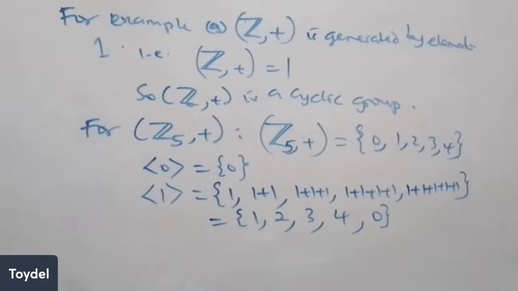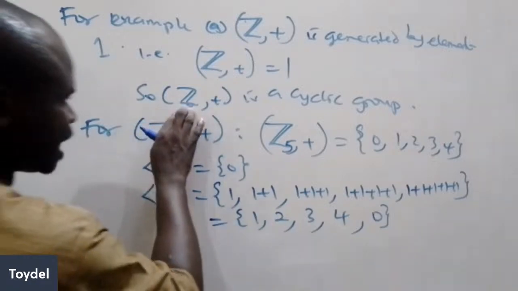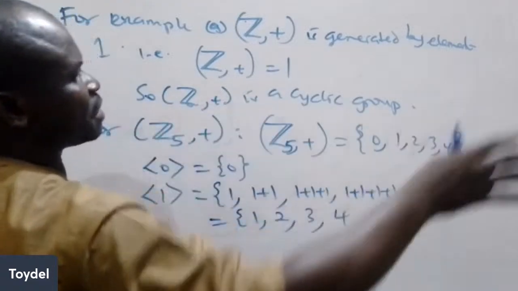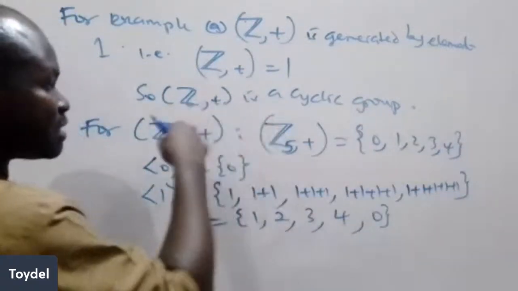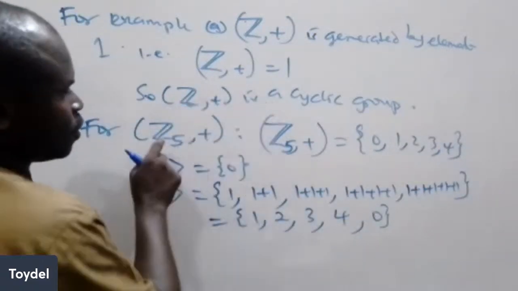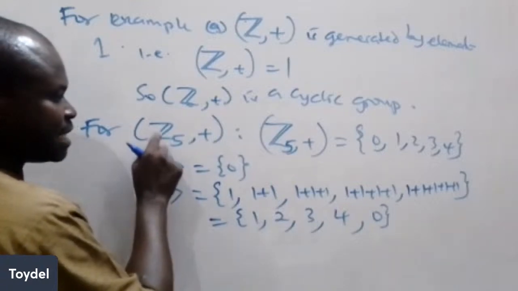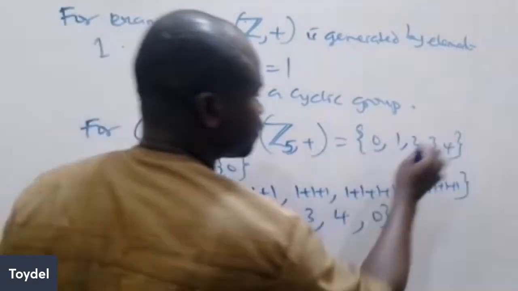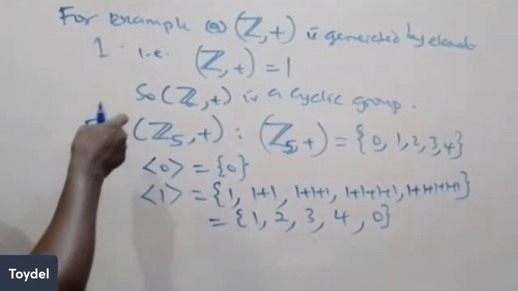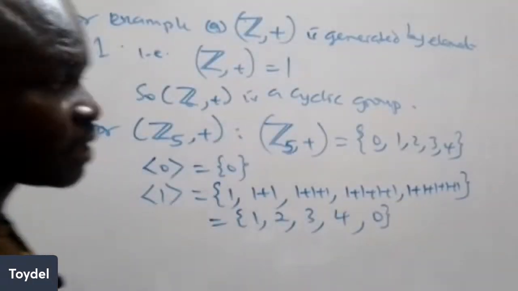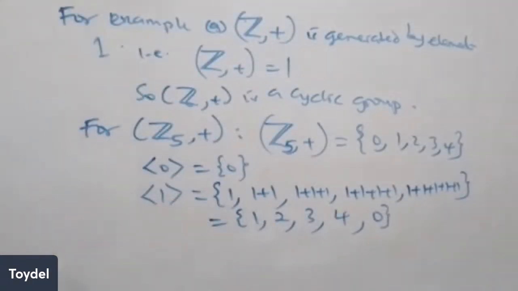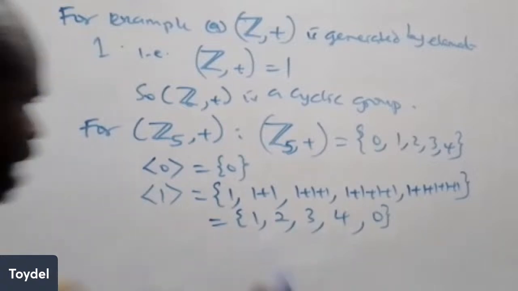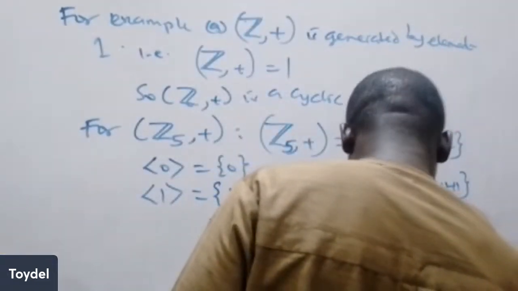So when you say integers under addition, that's the general statement. For us to explain that it is a generator and a cyclic group, we are being specific here. Z5, and if I say Z8 it will be from 0 to 7, if I say Z10 it will be from 0 to 9. This is what is generating, and at the end of the day this has given us Z5 back.